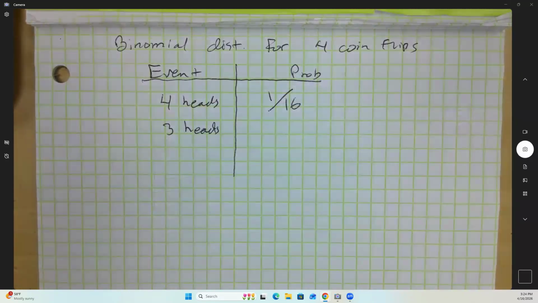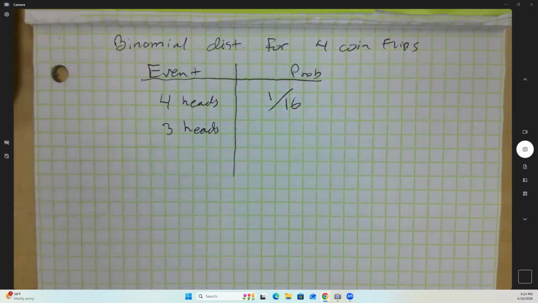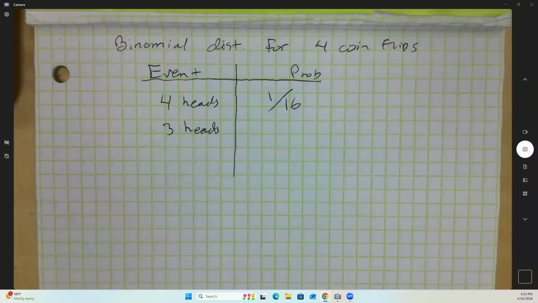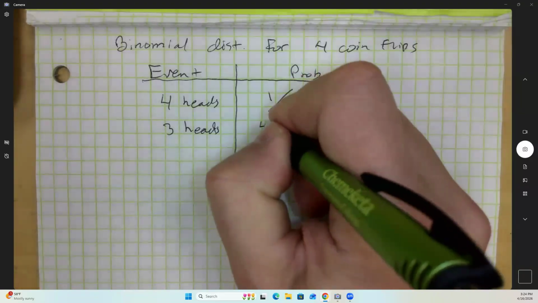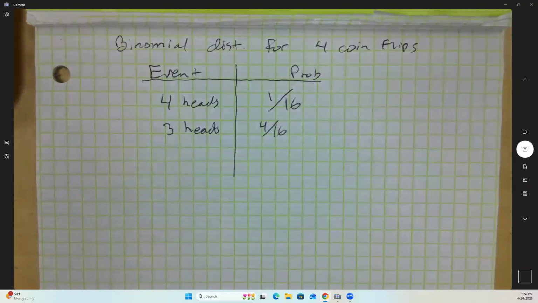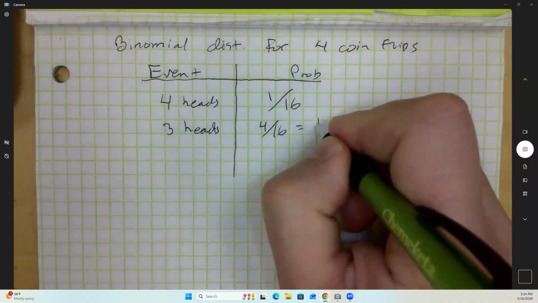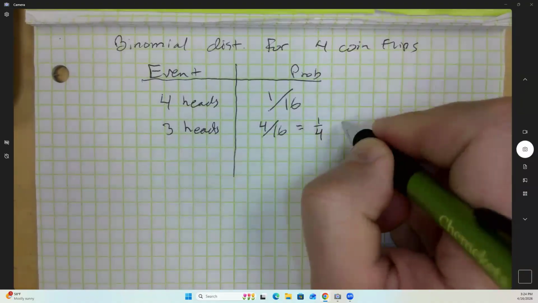Check your notes. How many ways were there to get 3 heads? Show me with your fingers or just tell me. There were 4. And 16 total possible outcomes. So that's 1/4.